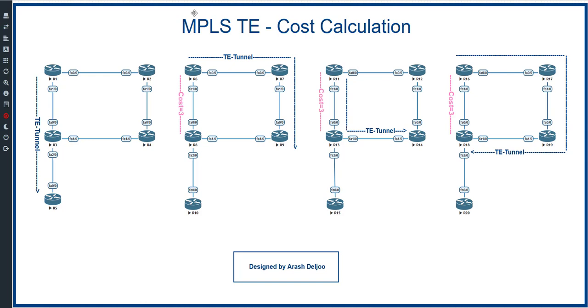Okay, in this video I'm going to talk about the detail of cost calculation in four scenarios: scenario 1, scenario 2, scenario 3, and scenario 4. These four scenarios use the same topology, but as you know, here we have different tunnels. I will talk about all of these conditions in this video, and because we are using the same topology, we need to configure only one of them, for example scenario 1.